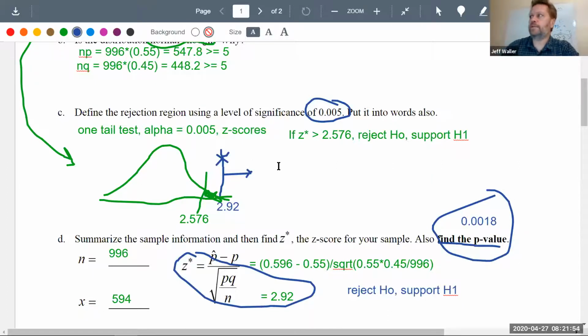How does that relate to alpha? Is it bigger or smaller than alpha? Earlier it was .0084? Okay, that's just my bad memory then. Thanks, Isaiah. Is 0.0018 bigger or smaller than 0.005?